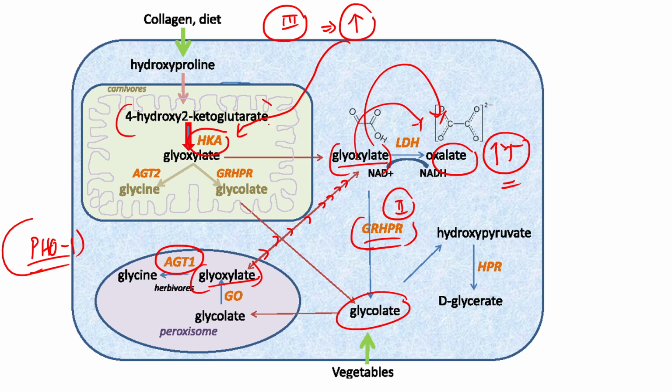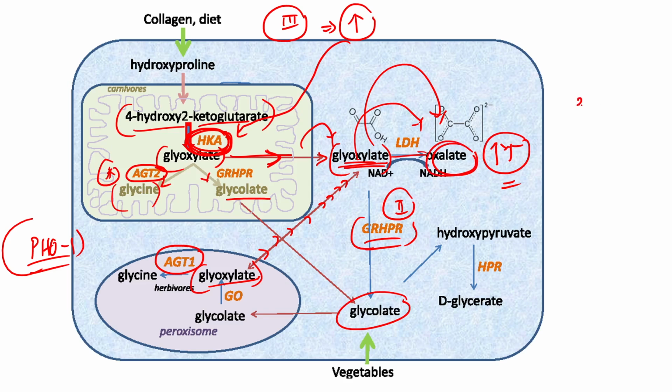Now, this will be able to convert seamlessly the hydroxyketoglutarate into glyoxylate, and that will increase the glyoxylate content to go to oxalic acid. I told you AGT2 will not be very useful in our condition, because of which glycine production may happen or may not happen. But if this enzyme is hyperactive, glyoxylate can increase, very little amount can go to glycine and glycolate, but more amount will go to oxalate.